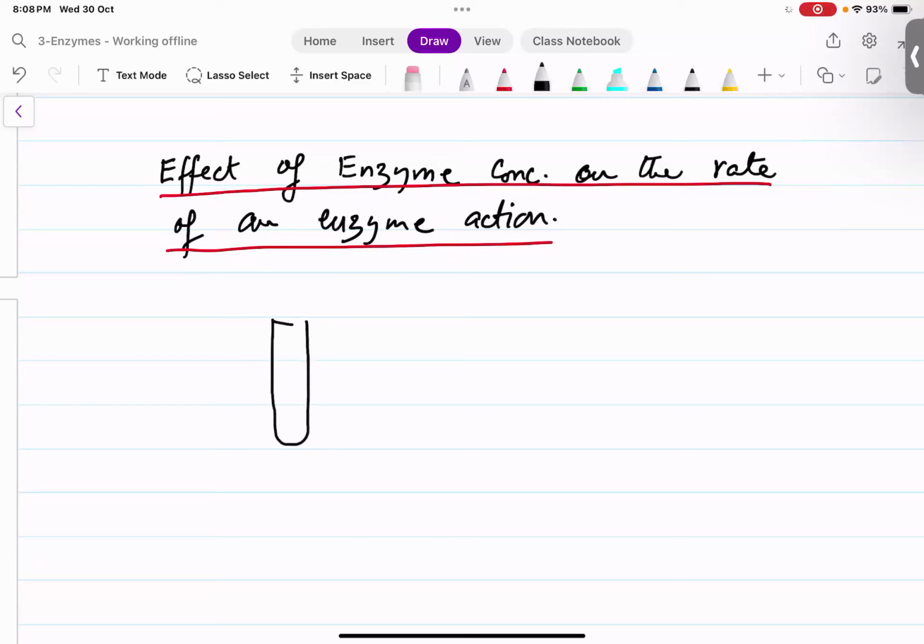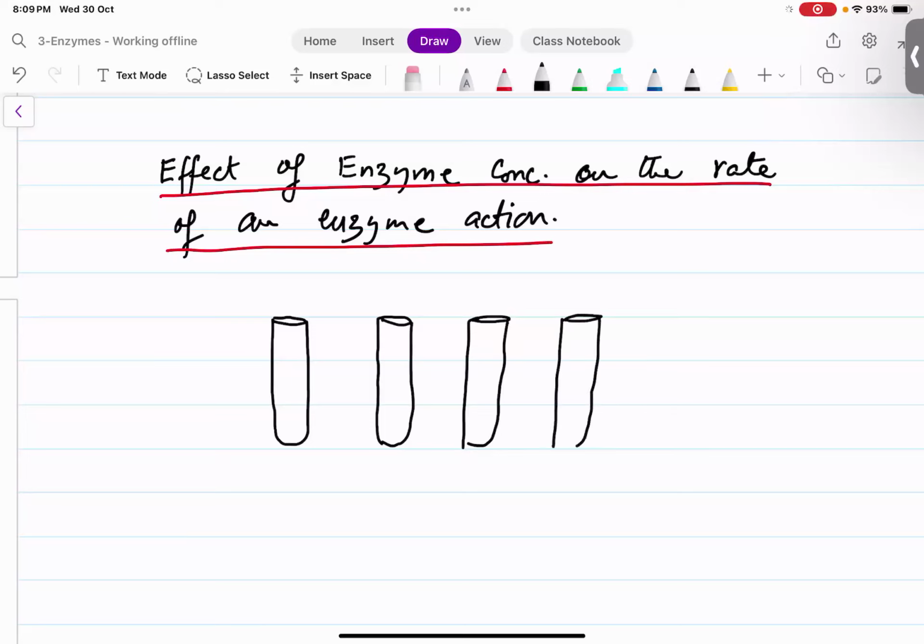test tubes, empty test tubes. So these are 5 empty test tubes.